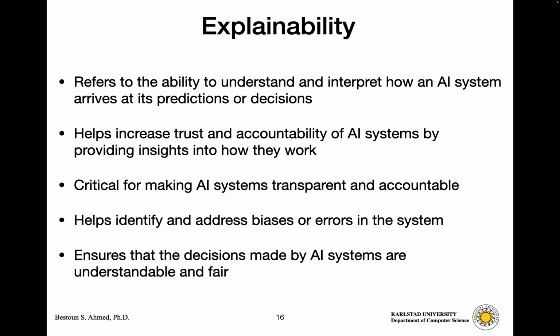That's very important for transparency also. It helps identify bias and makes sure that decisions made by the AI system are understandable and fair. That's also a challenge for development, actually.